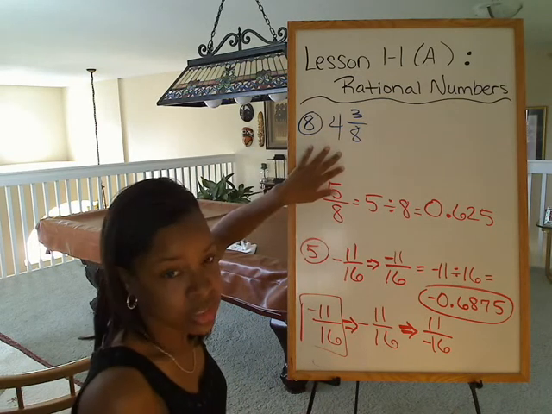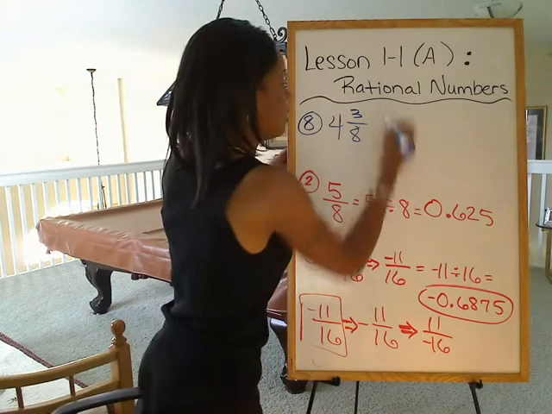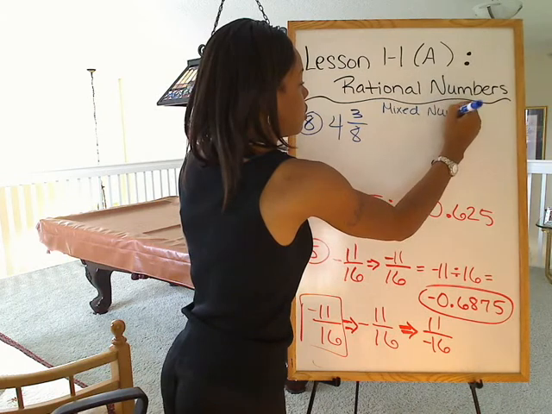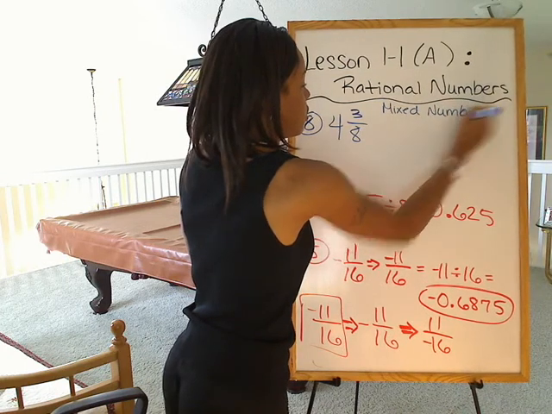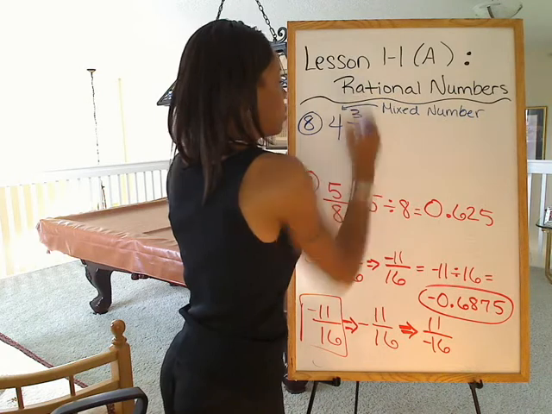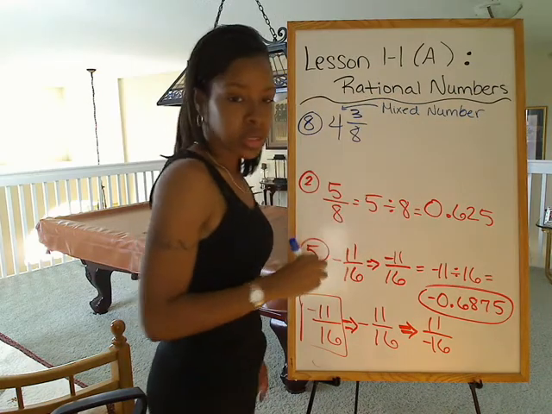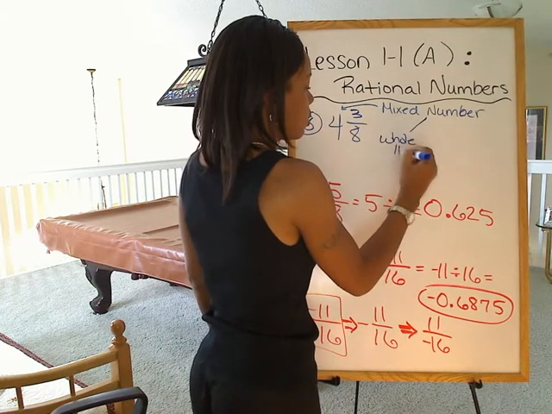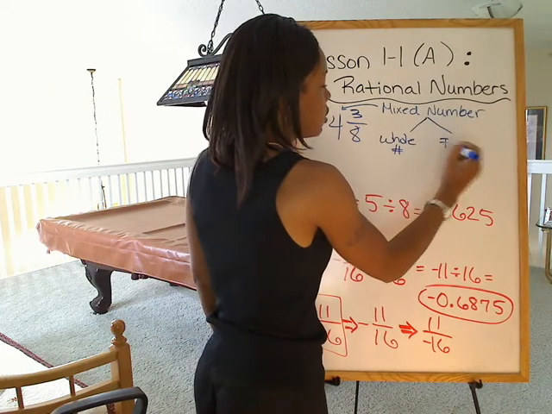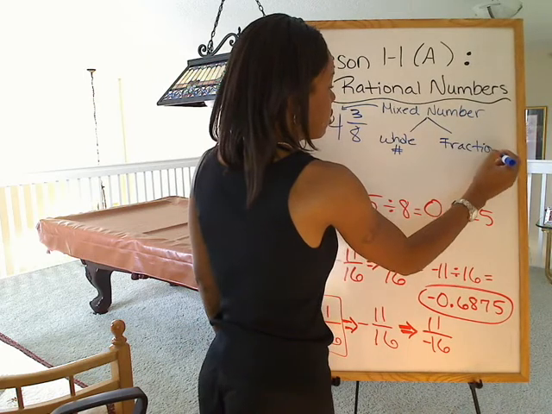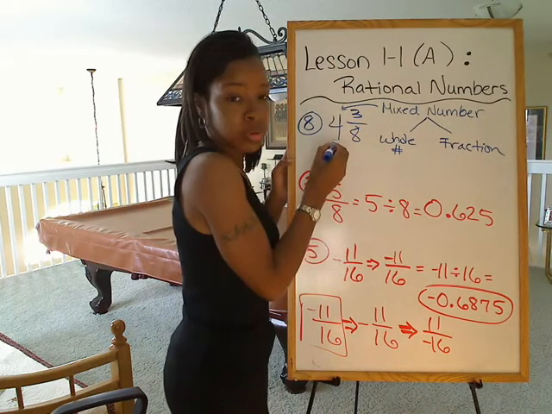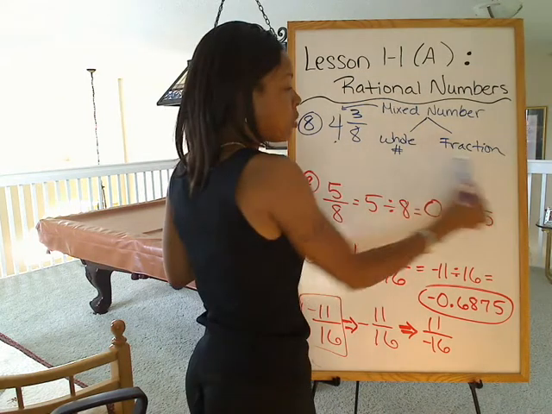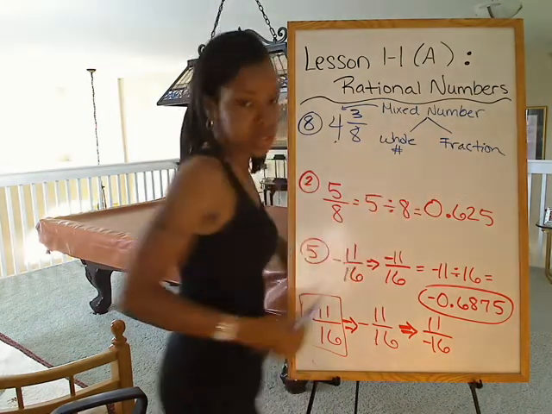And the reason it's a mixed number is because, let me write it up here. The reason 4 3/8 is a mixed number is because it has a whole number and it also has a fraction. The 4 would be the whole number and 3/8 would be the fraction. So whenever you have a whole number and a fraction put together, it's called a mixed number.